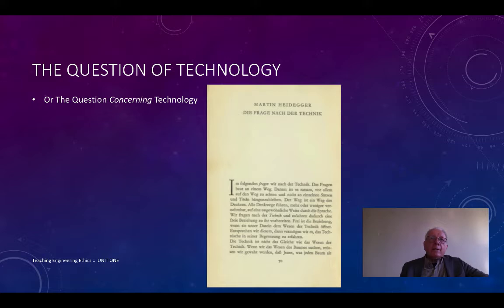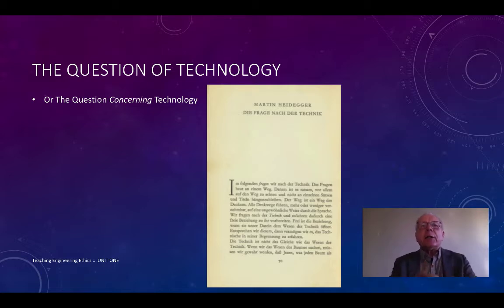So clearly, technology changes the nature of action, and therefore technology changes the nature of human action, including the actions that we take individually and collectively in an engineering context. But technology may also be changing our human nature, our nature as actors.